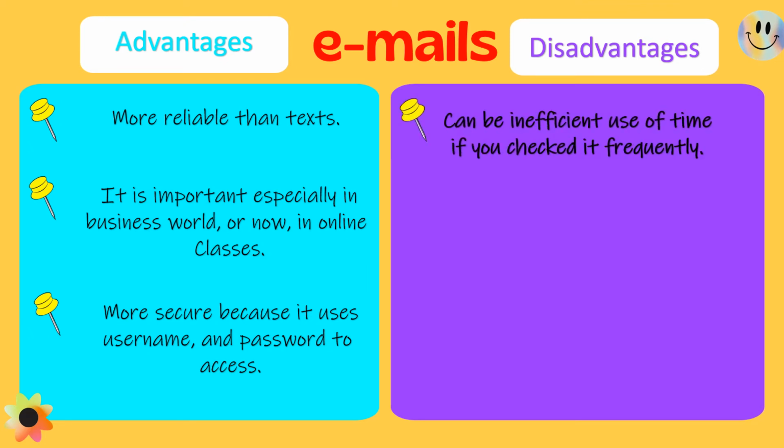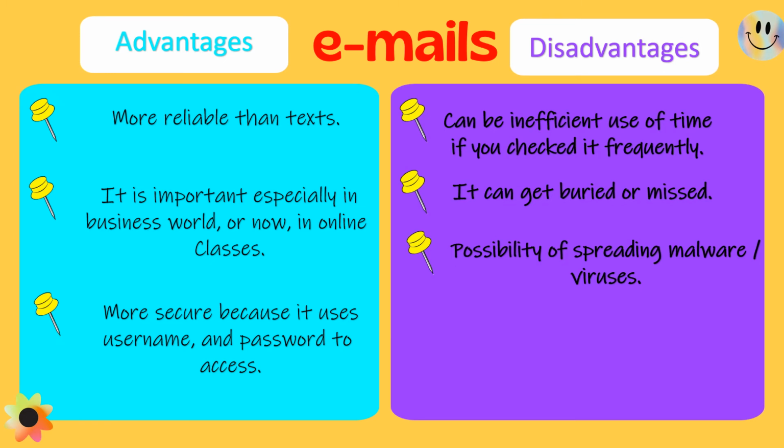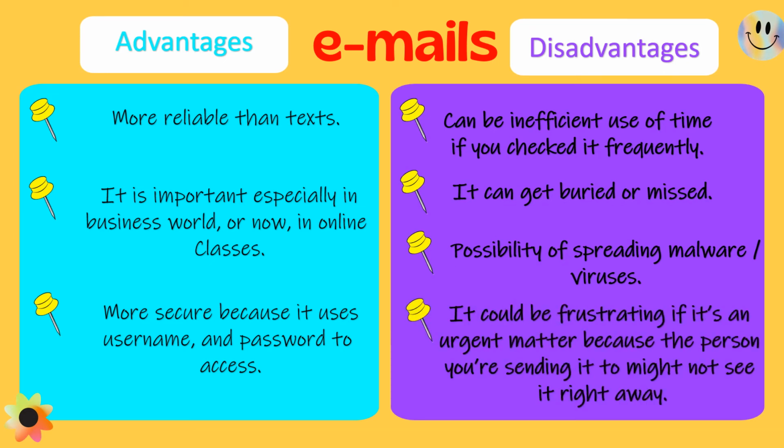The disadvantages are it can be an inefficient use of time if you check it frequently. It can get buried or missed. There is the possibility of spreading malware or viruses. And it could be frustrating if it is an urgent matter because the person you're sending it to might not see it at the right time.